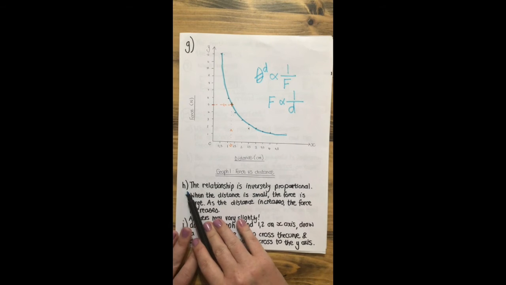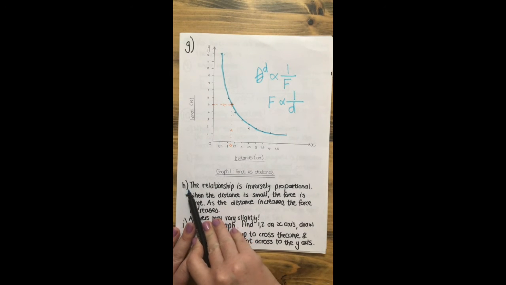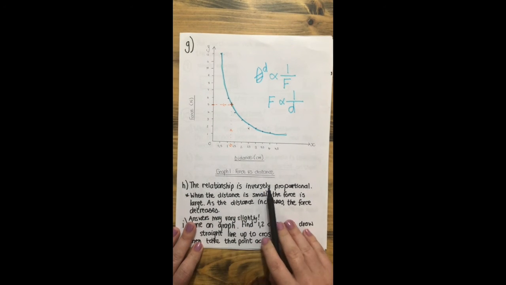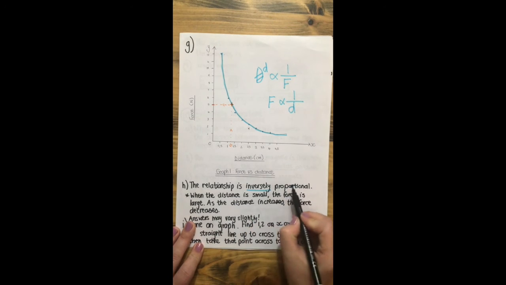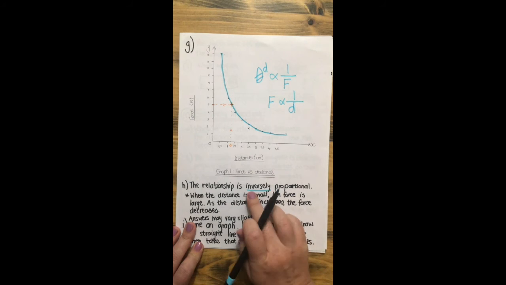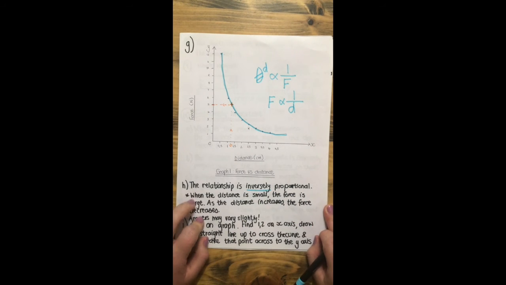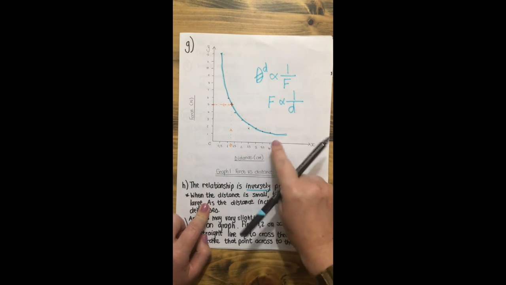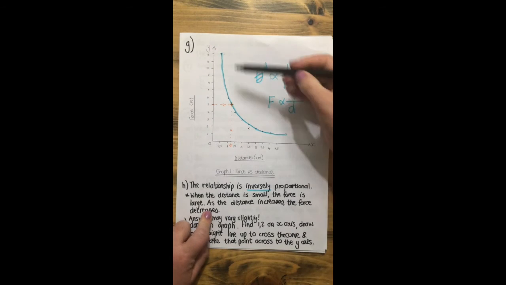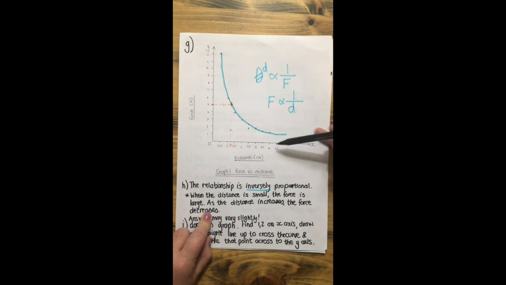This graph shows us that the relationship is inversely proportional. Please stop saying indirectly proportional. I can only mark inversely proportional. That means when the distance is small, the force is large. As the distance increases, the force decreases.